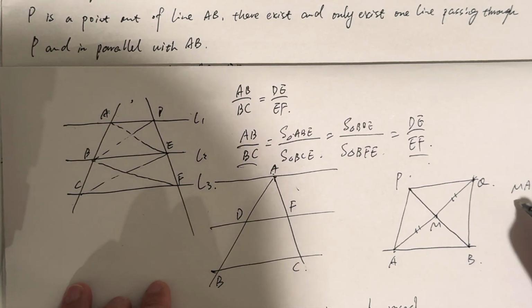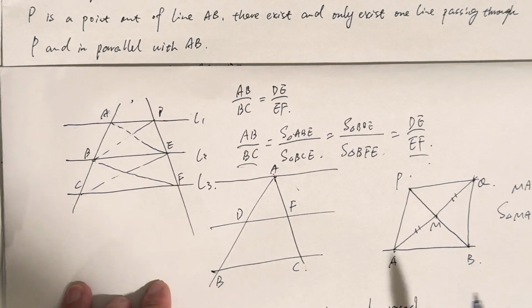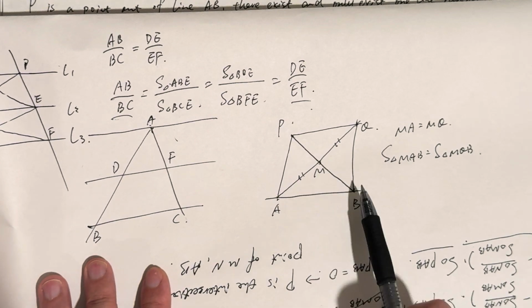That makes the area of triangle MAB equal to the area of triangle MQB. And we already know that M is the midpoint of PB.